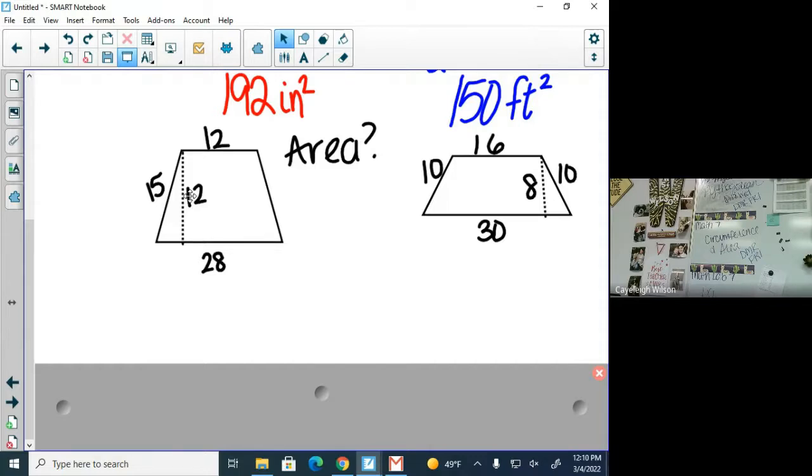So 1/2 in the parentheses, that's 6 times 10 times 6.